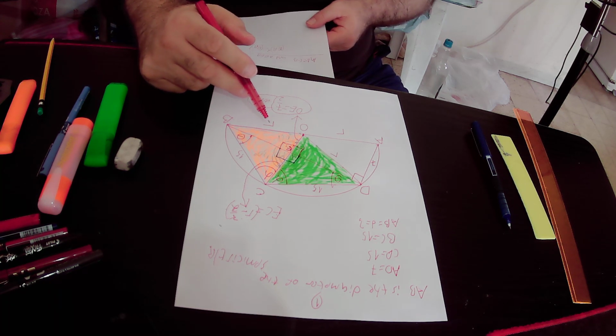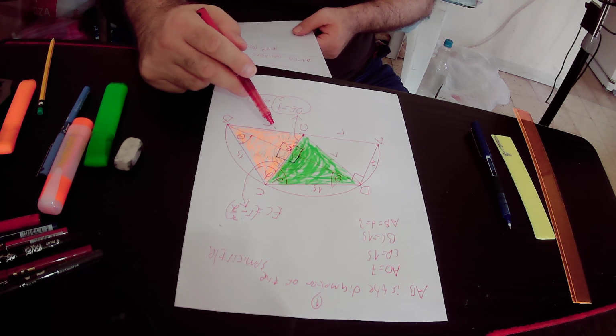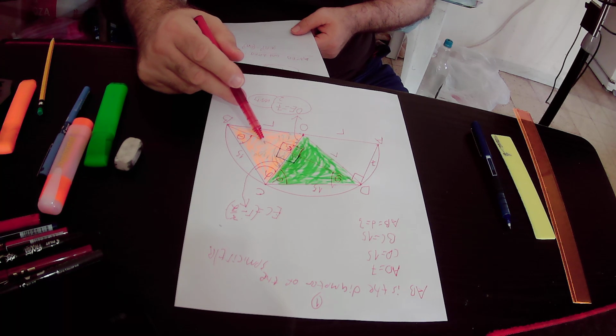So we will relate to the right triangle OEB for the first EB square, and then we will relate to this right triangle for the second EB square.